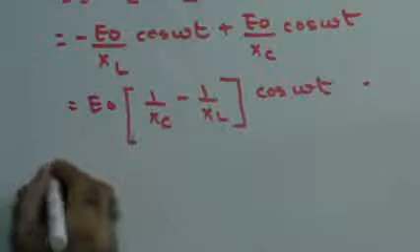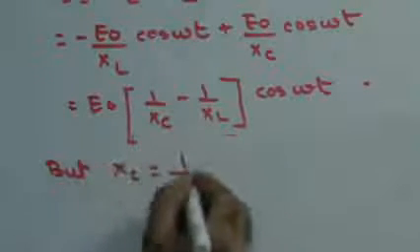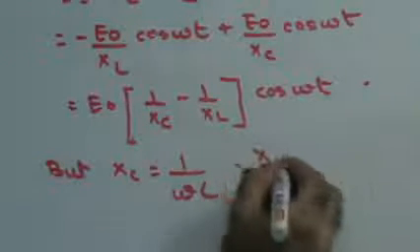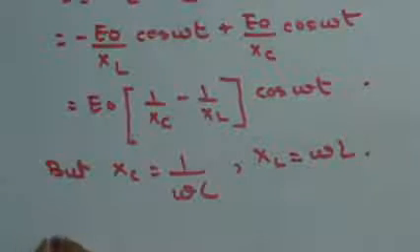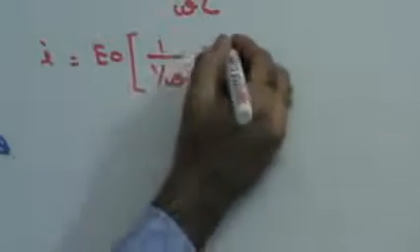But we know that XC is 1 upon omega C and XL is nothing but omega L. Therefore, current I is E0 times 1 upon omega C minus omega L, cos omega t.